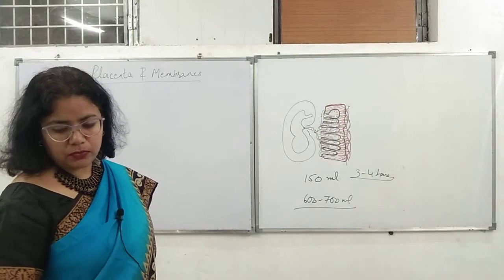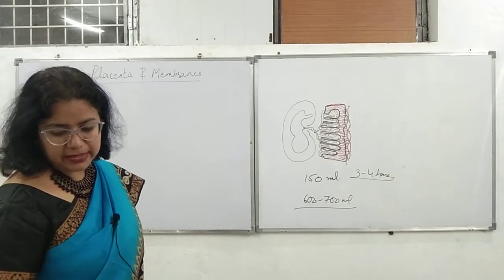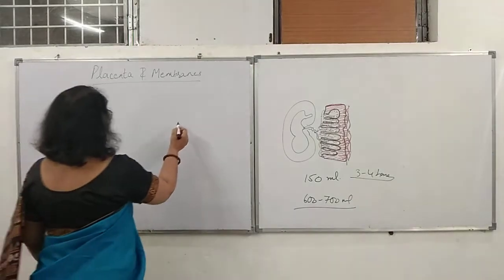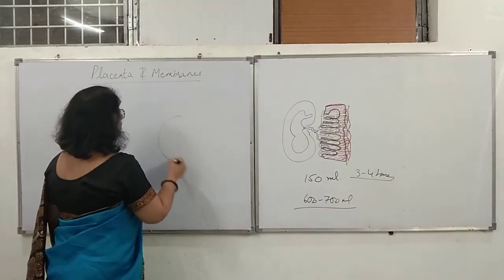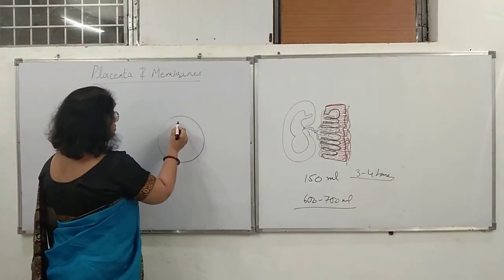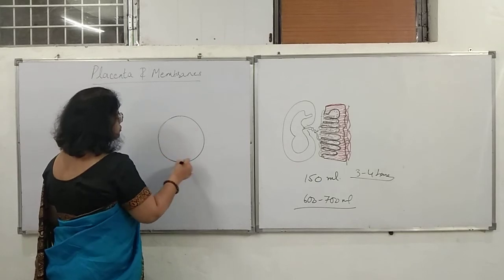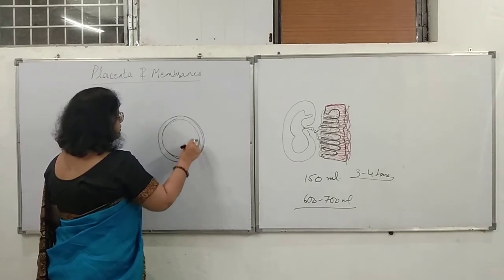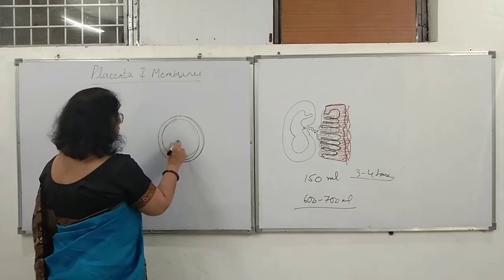Now coming to placental thickness. As we have already discussed, the lining of stem villi and tertiary villi, from outside, is the syncytial trophoblast, then the cytotrophoblast, then the basement membrane, then the stroma and blood vessels.